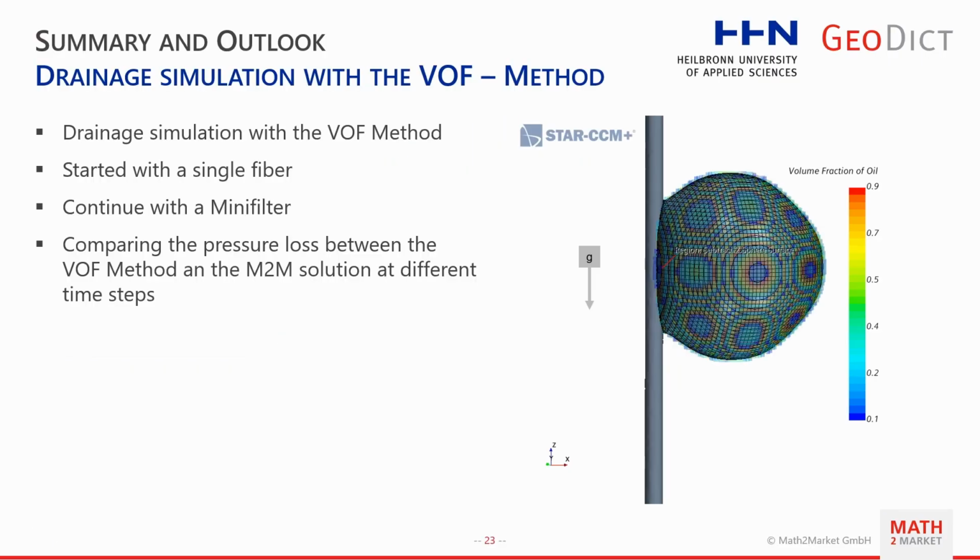To give you some outlook, on this slide you can see which things we are trying to do next. The drainage simulation with the volume of fluid method in StarCCM+ is the next step, and for sure then it comes to GeoDict as well.